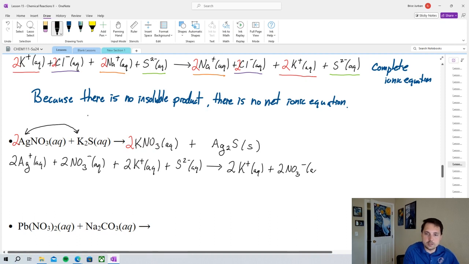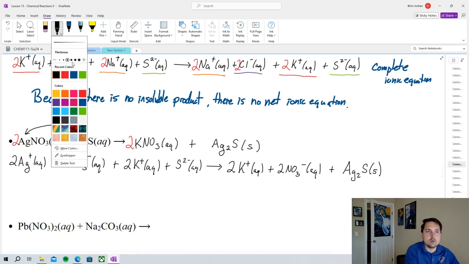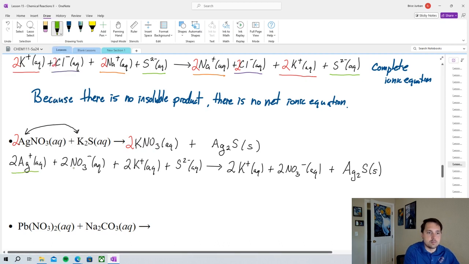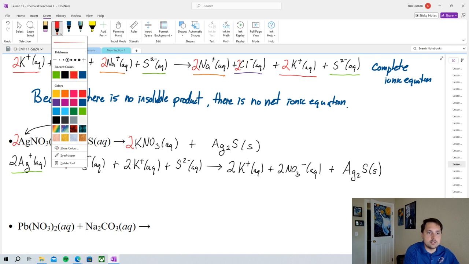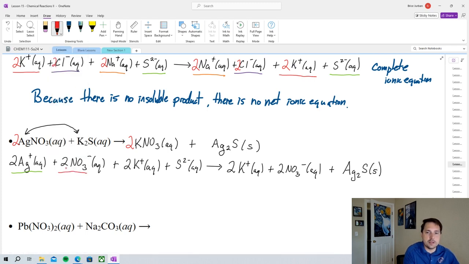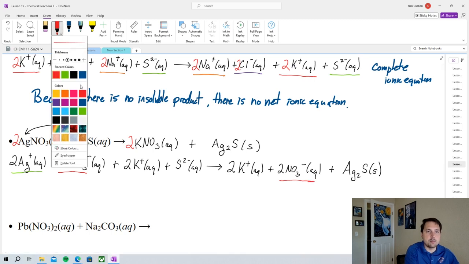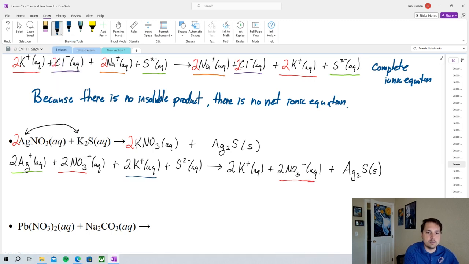Always want to remember the charges and the states of matter. It gets pretty cumbersome. Now, once we get to the last part, this is our solid. So this is not going to break up. It's going to be at the bottom of the container, and we'll just write it as Ag2S solid here at the end. So when I go through and look at both sides of the equation, we're going to have a situation where some things are on both sides, but other things are only on one side.